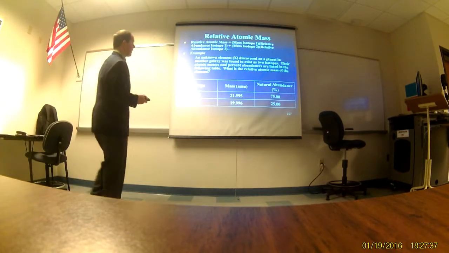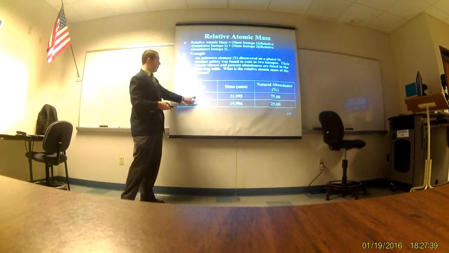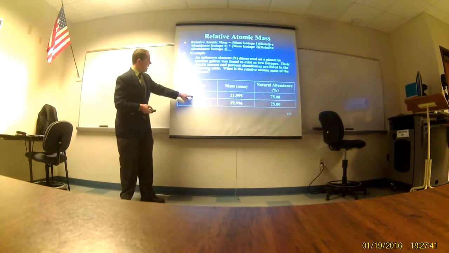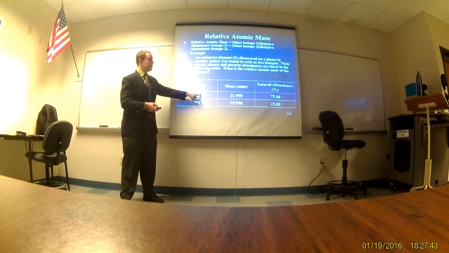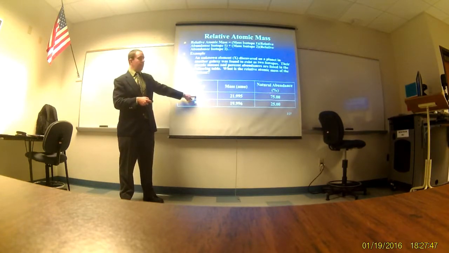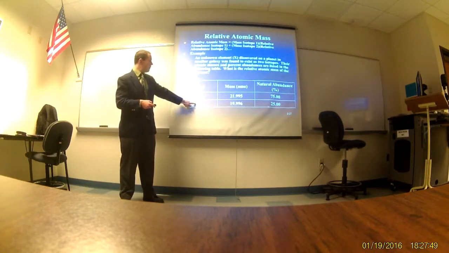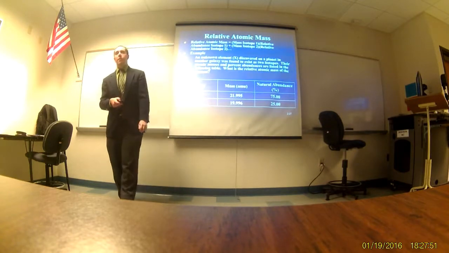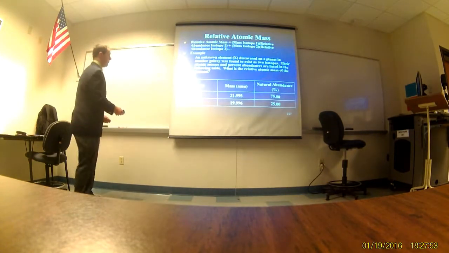So this is telling us that there are 2 isotopes of this element. The isotope with a mass number of 22 makes up 75% of that element, and the other 25% is made up of the isotope with a mass number of 20.